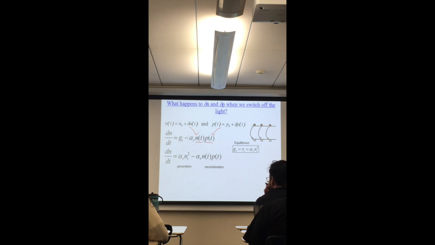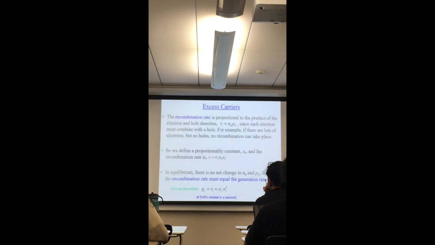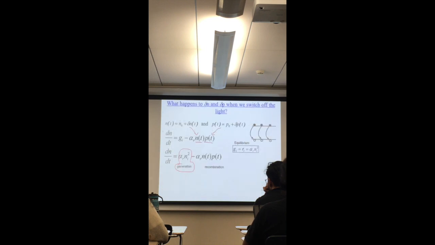For the generation, we know the generation is given by this equation, which we defined before. This is the thermal generation rate, alpha Ni squared. And for recombination, we plug in this value for N and P into this expression.